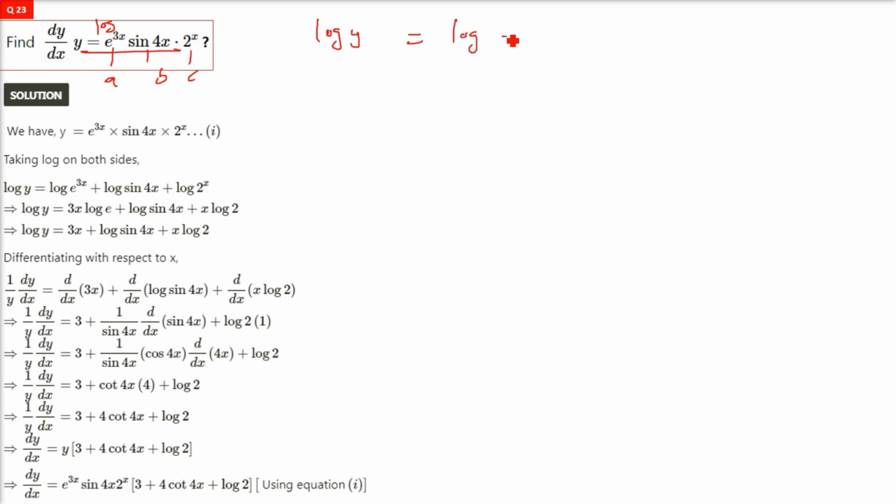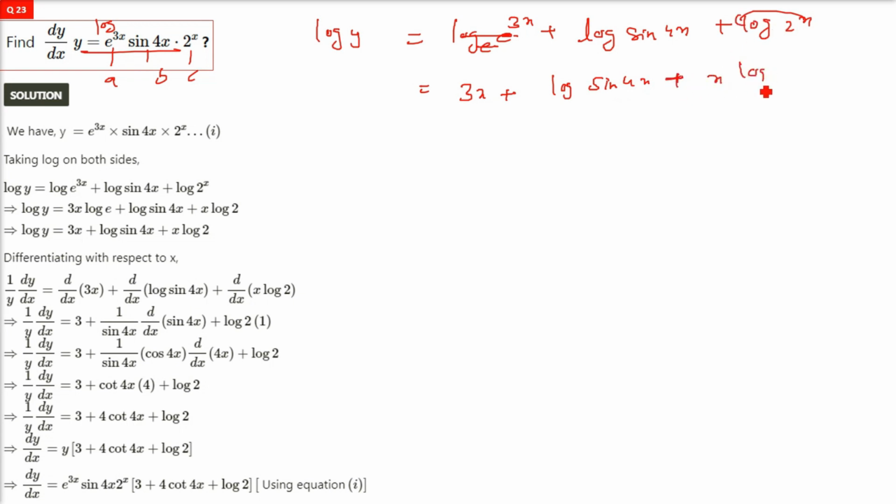Of course e gets cancelled, so it is only 3x now. 3x plus log sin 4x, and for log 2 to the power x, x will come in front, so x log 2 it will be.